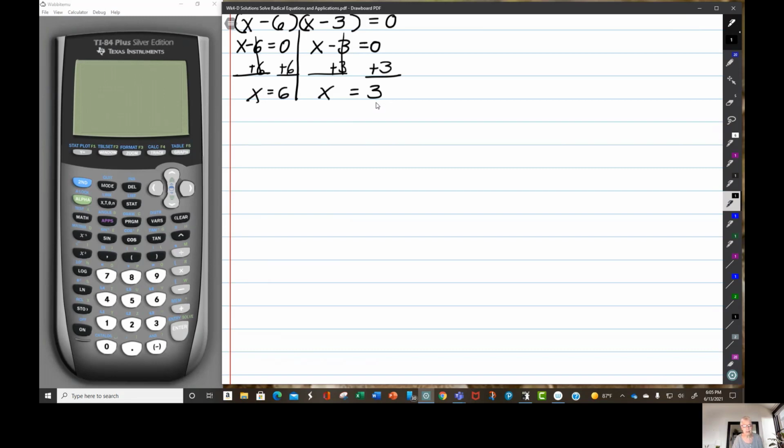I've seen it happen. Or 6 might be a solution and 3 might be extraneous, or the other way around, 3 might be the solution and 6 might be extraneous. You don't know. So we're going to find out.